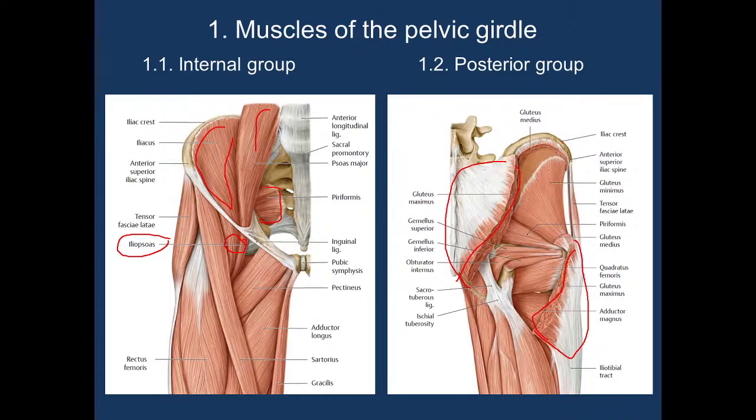Then you see gluteus medius. It is cut here, but under gluteus medius you find gluteus minimus muscle. So there are three gluteus muscles here: maximus, medius, and minimus.